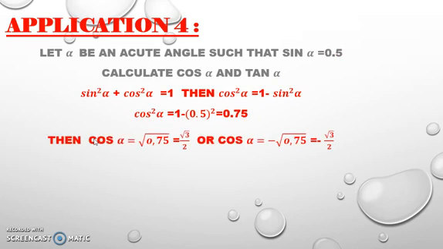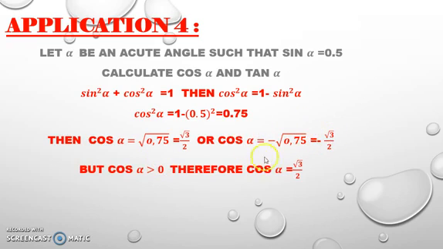Then cosine alpha is equal to radical 0.75 or cosine alpha is equal to minus radical 0.75. But we know that cosine alpha is positive, then the second answer is rejected. So my answer is cosine alpha is equal to radical 3 over 2. Apply the rule tangent alpha is equal to sine alpha over cosine alpha and replace sine and cosine by their values. We get tangent alpha equal to radical 3.